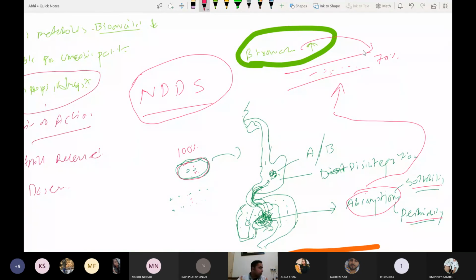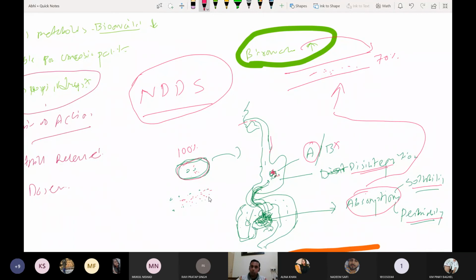If you have taken a drug molecule orally, it has come here in your GIT. Here the environment is acidic, not basic. Due to the acidic environment, disintegration happens. After disintegration, it becomes small pieces.